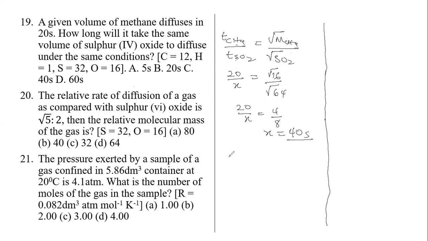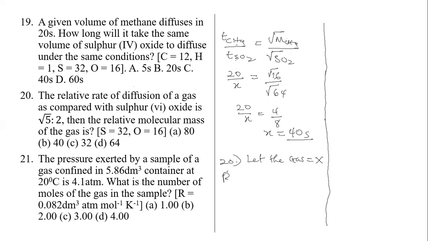Question number 20 now. The relative rate of diffusion of a gas, so let the gas be equal to X, so gas X, as compared with sulfur oxide is this.